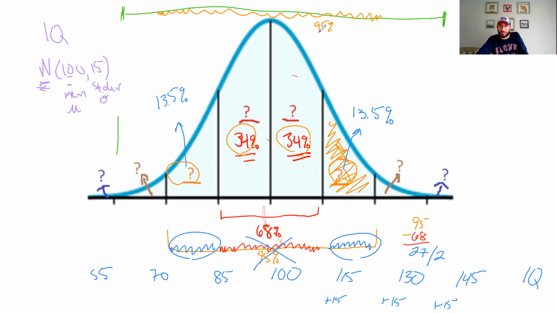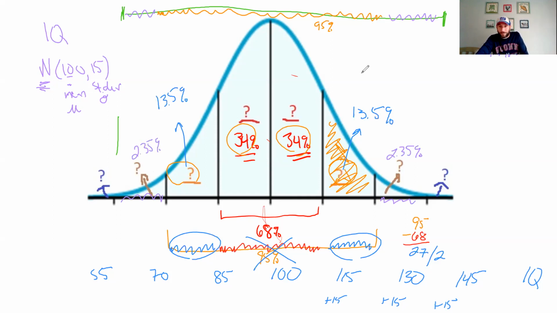So of course, you guessed it, we're going to take 99.7 and subtract this 95 here, and that's going to leave us with 4.7% for this chunk and this chunk. But then we divide by 2. And so we get that these are each 2.35% of the data.